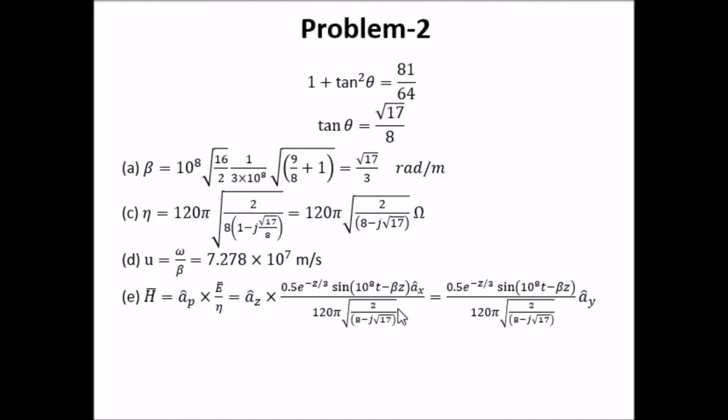And then the magnetic field, which is a_p cross E over eta. Eta has a magnitude and a phase angle, so it is a complex number, and you will come up with this solution. You can solve this or you can leave it here. On the test, we will not ask you to solve this kind of complex problem.